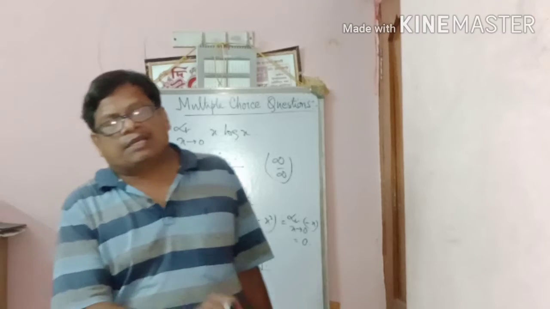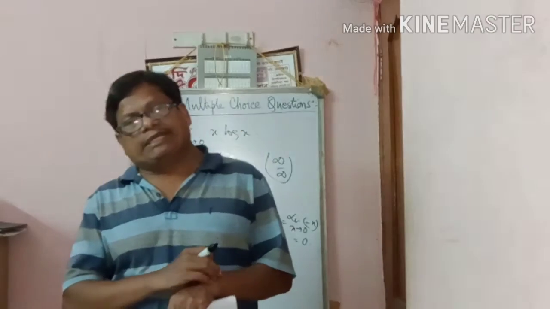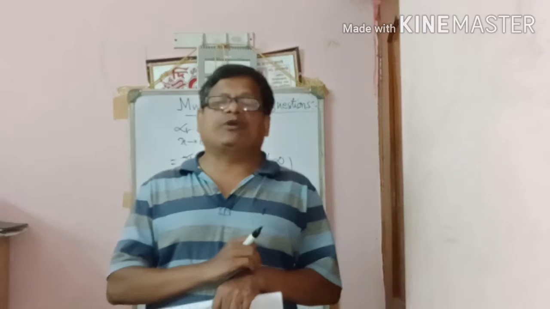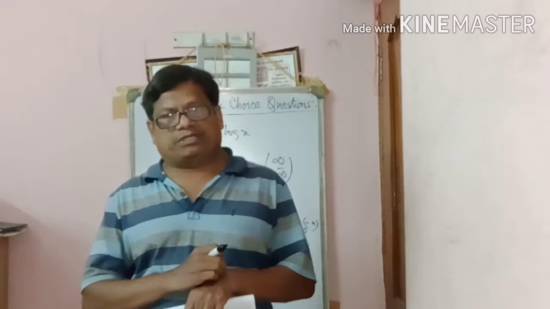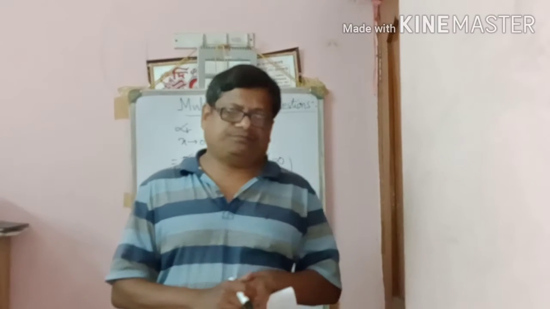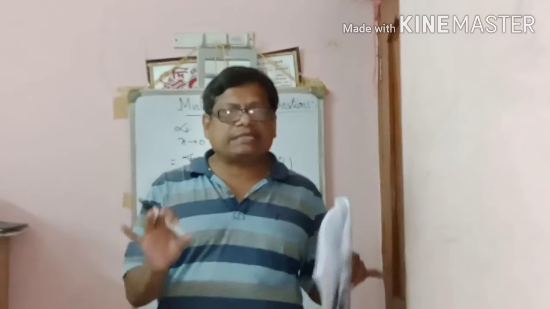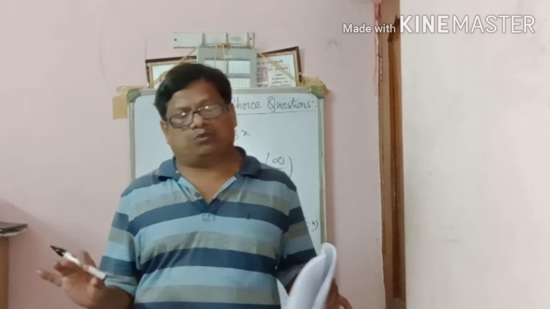First, the given function should be continuous in the closed interval. Here mod x is given. Whatever interval is given, it is continuous, and at the point x equal to 0 the given function is continuous. But the function is not differentiable at the point x equal to 0.